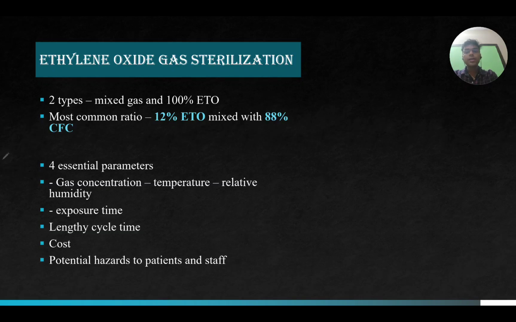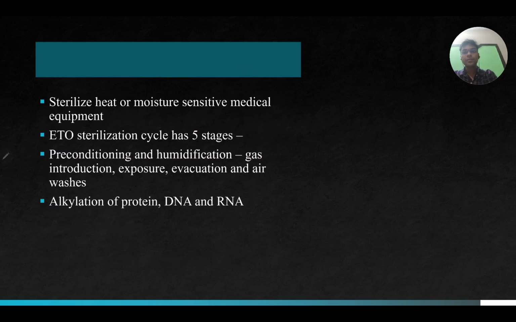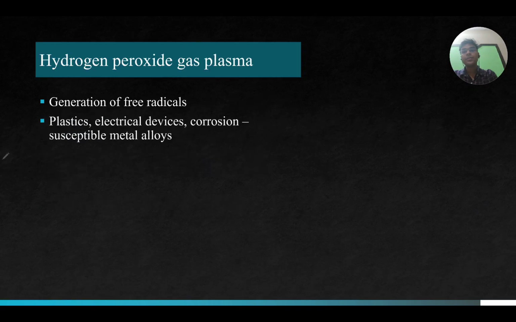Some disadvantages are the lengthy cycle time, the cost, and the potential hazards to the patient and staff. It is used to sterilize heat or moisture sensitive medical equipment. ETO sterilization cycle has five stages: preconditioning, humidification, gas introduction, exposure, evacuation, and air washes. Alkylation of protein, DNA, and RNA takes place in this procedure.